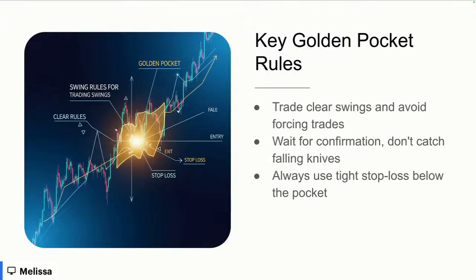Waiting for confirmation helps me to not catch the falling knives. And always use a tight stop loss below the golden pocket. Now, I trade with a risk amount that I am comfortable with, meaning the amount that I allocate per trade.